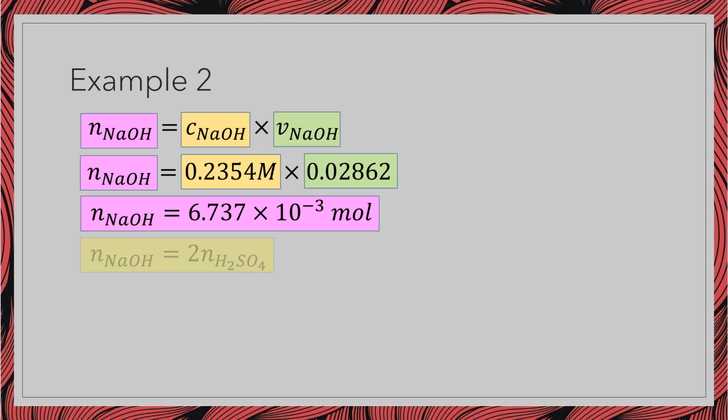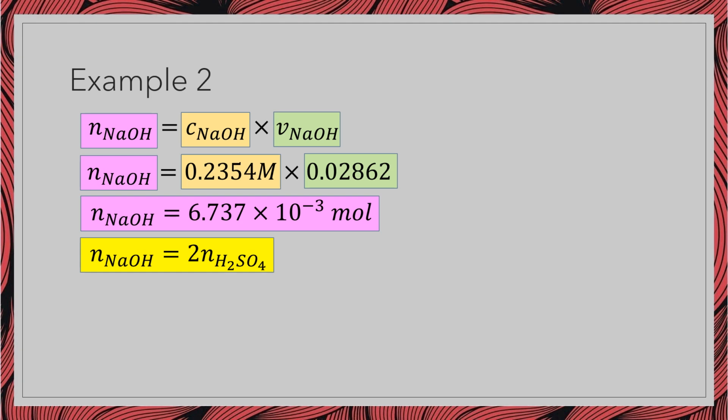We then calculate the number of moles of H2SO4 through our mole ratio. So it's 2 to 1. So the number of moles of sodium hydroxide will be double the number of moles of H2SO4. Because for every 2 moles of sodium hydroxide that react, 1 mole of sulfuric acid will react.